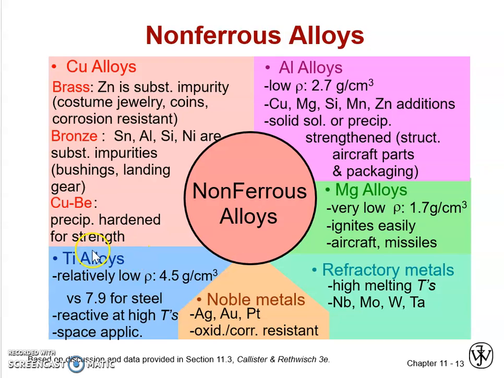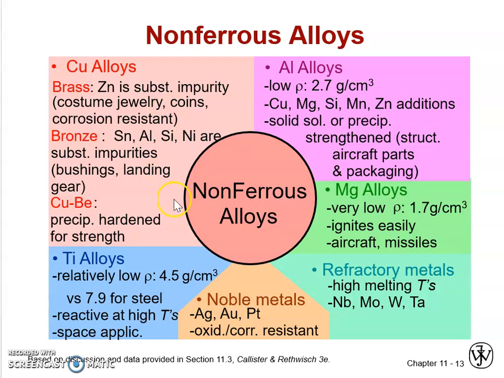Titanium alloys mean the majority is titanium, and titanium alloy has low density, low weight. Noble materials such as silver, gold or platinum, and refractory materials are also non-ferrous alloys, as are magnesium alloys and aluminum alloys. Alloys whose majority component is not iron are called non-ferrous alloys.